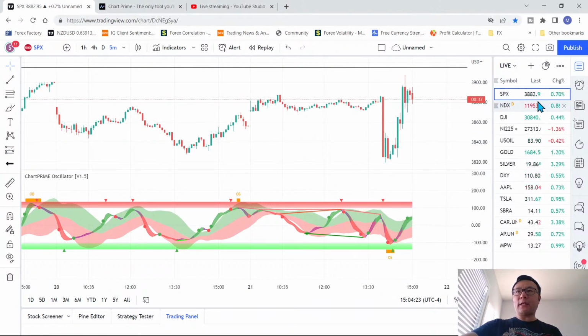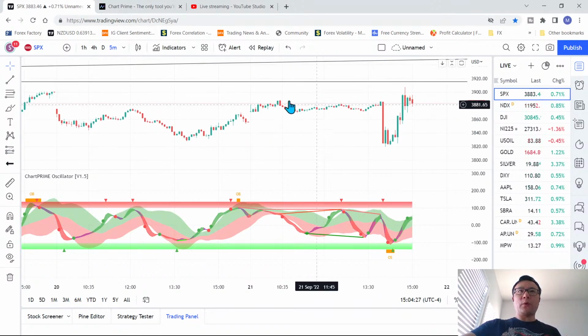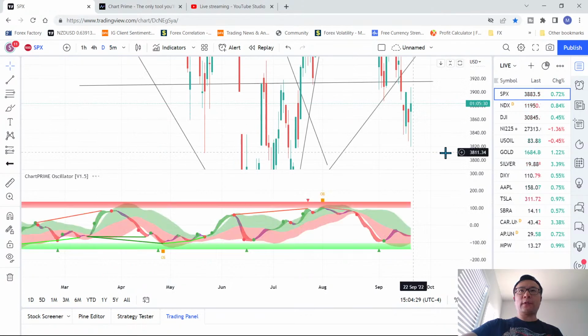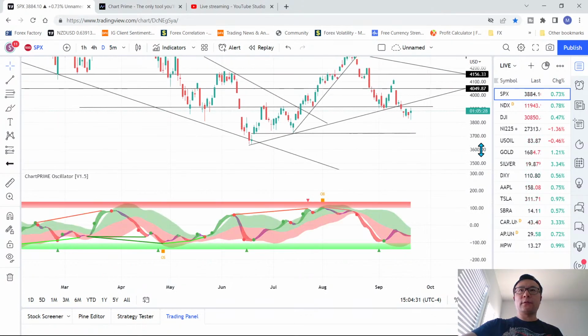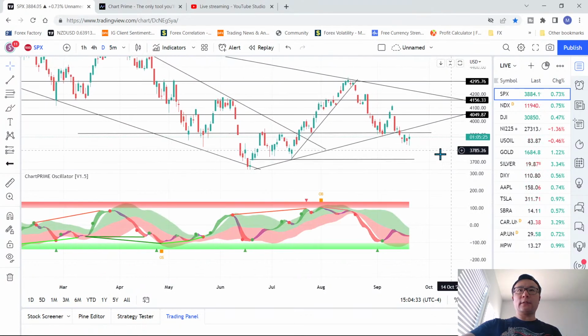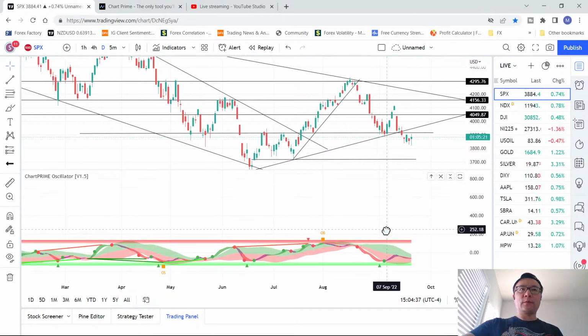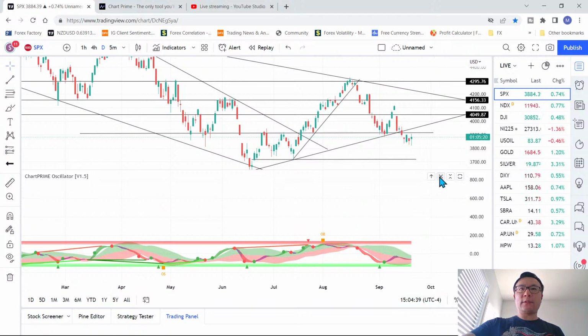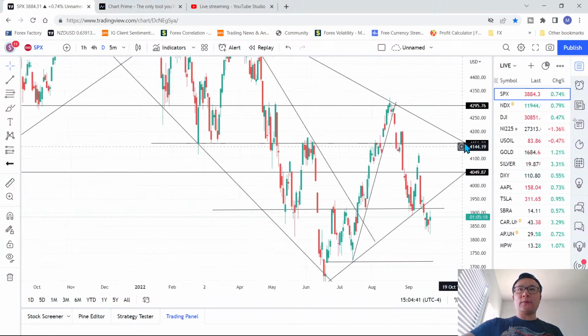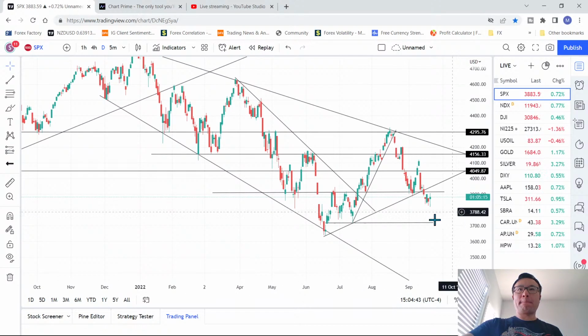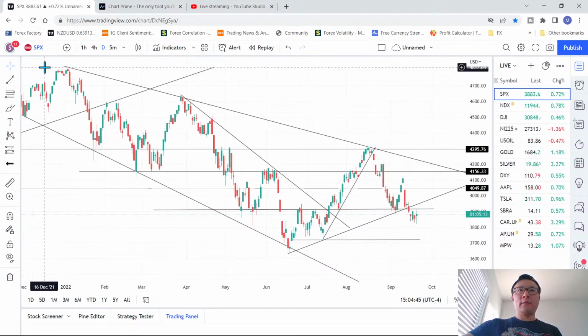As of right now, the markets are obviously positive. Let me just close this indicator for now. If we look at the S&P right here, we've basically been in a downward channel ever since the beginning of this year.